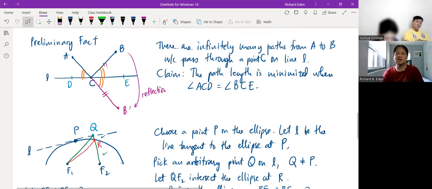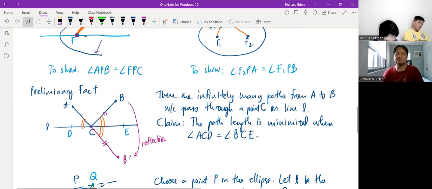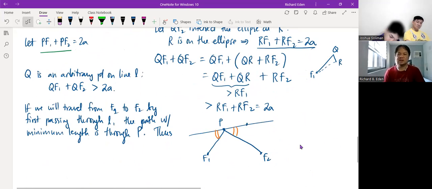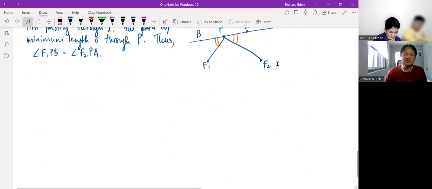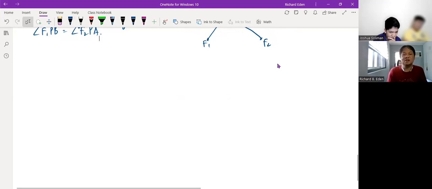So what arbitrary points should we use? A and B. Thus, angle F1PB equals angle F2PA. All right. Finally, what about the parabola?